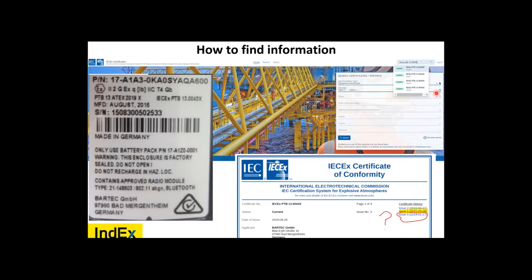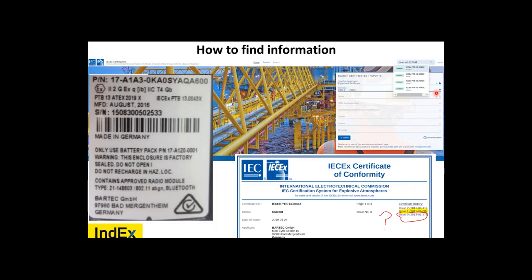Unfortunately, when somebody says IECX is valid in Europe and the UK, what is valid? The certificate of the person or of the equipment? Of the equipment, it's not. It requires an ATEX certificate within EU countries. But most good manufacturers of high quality do multiple certification at the same time.